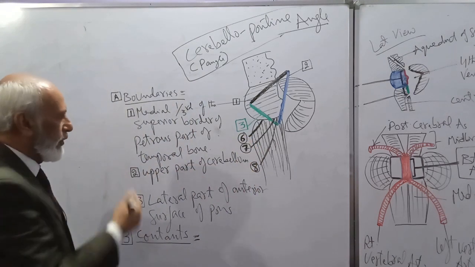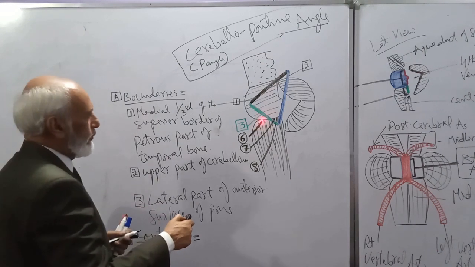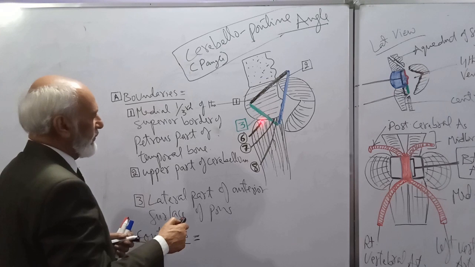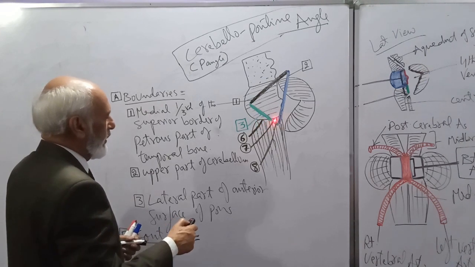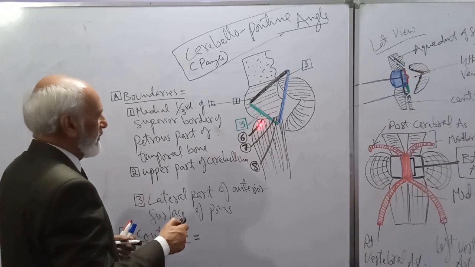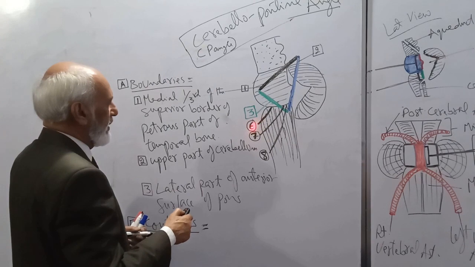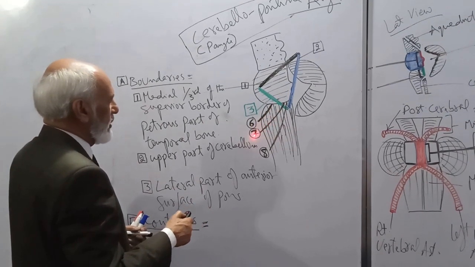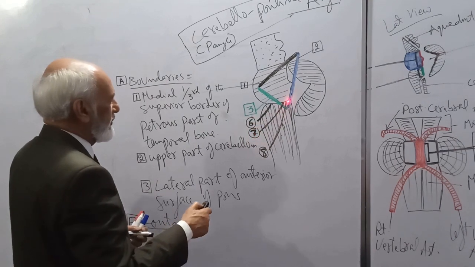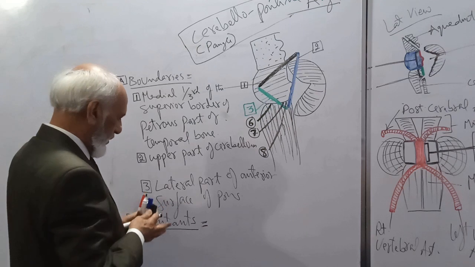So at the pontomedullary junction, there is a surface attachment of 3 cranial nerves from before backwards. Near the median plane, first it is the 6th cranial nerve, that is the abducens nerve. Then behind it is the surface attachment of facial nerve, 7th cranial nerve. And still behind is the attachment of 8th cranial nerve, which is vestibulocochlear nerve.